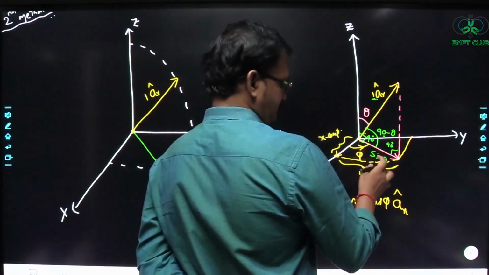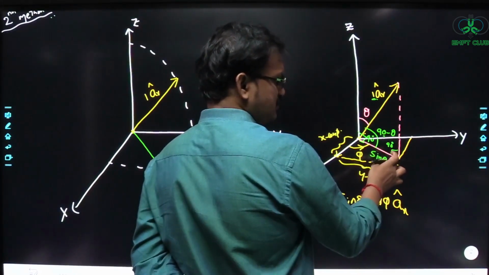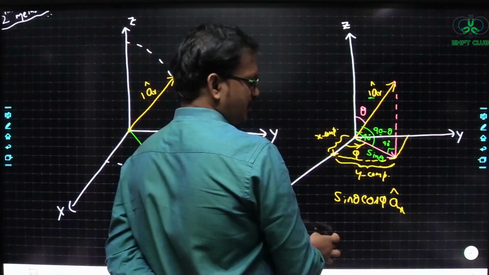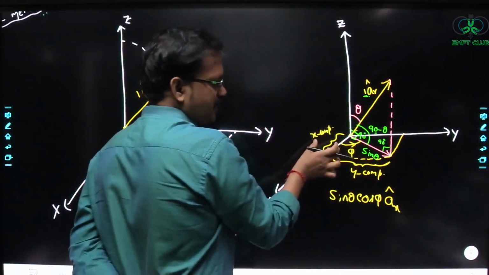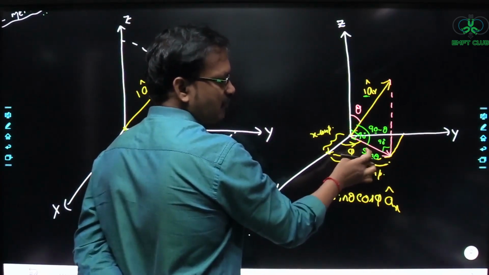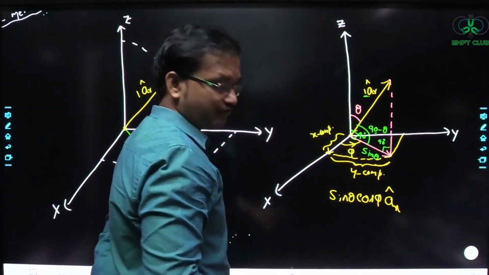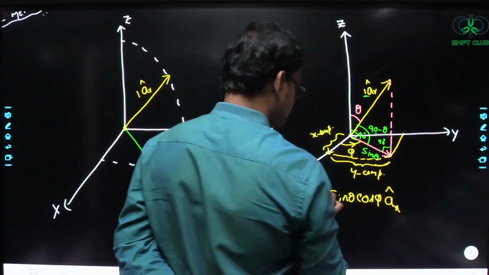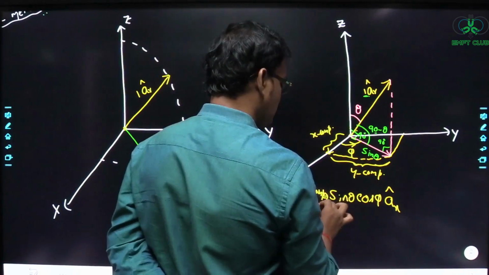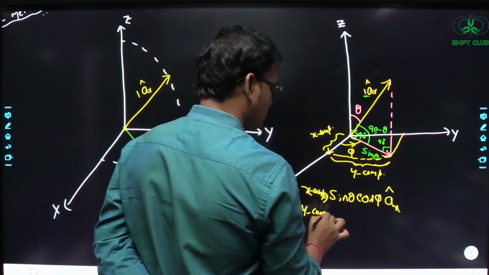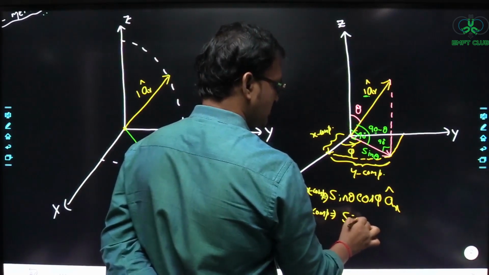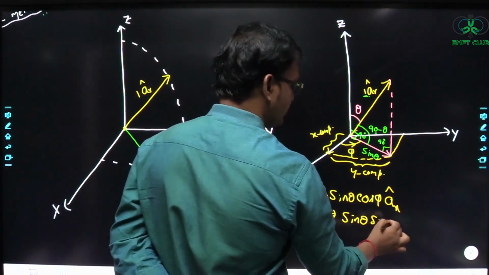Next, this sine theta also has a component along y. So what is its component along y here? The component along x is sine theta cos phi, so the component along y will become sine theta sine phi. So this is the x component, and the y component of sine theta along the y direction is nothing but sine theta sine phi.